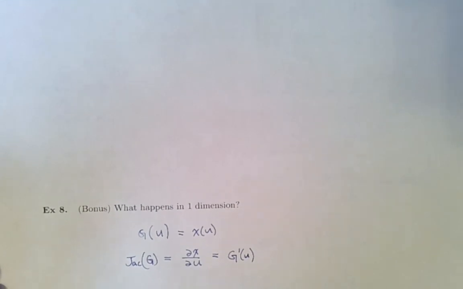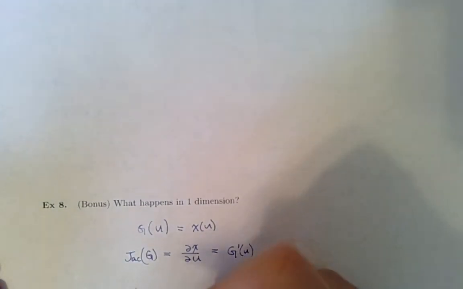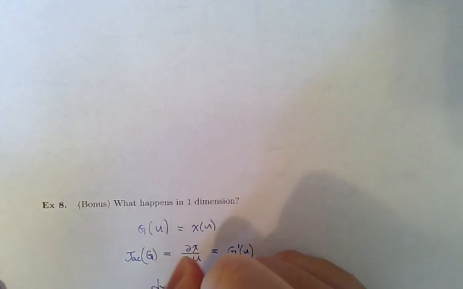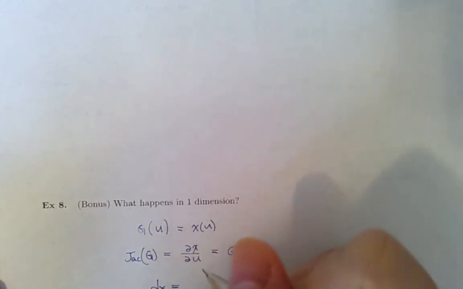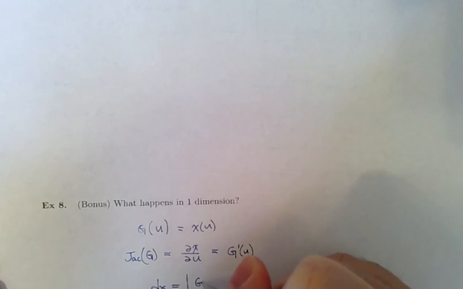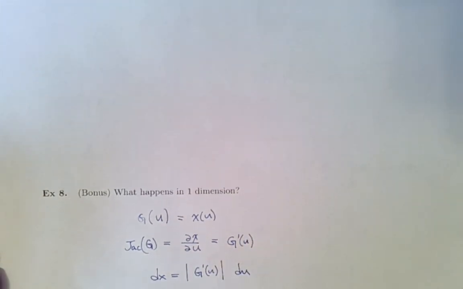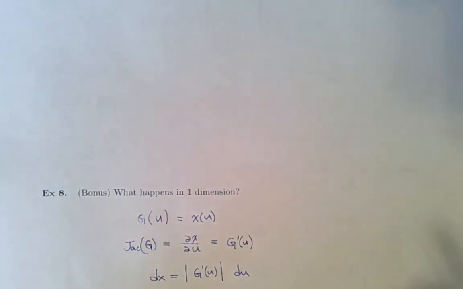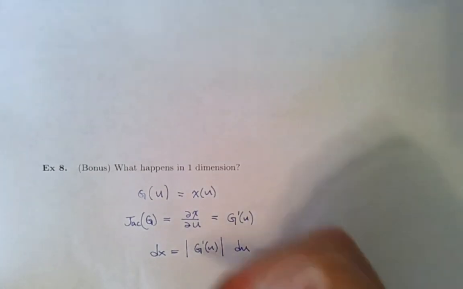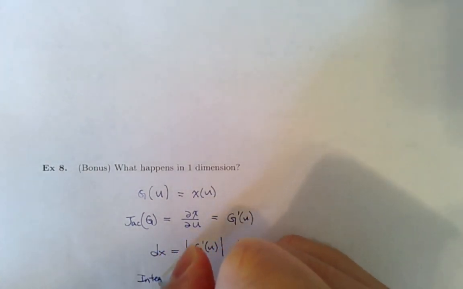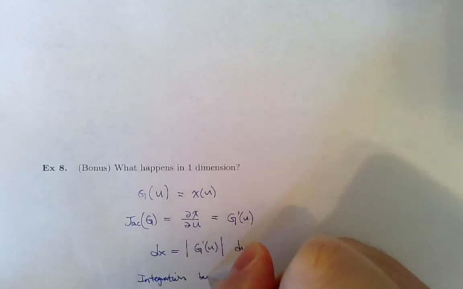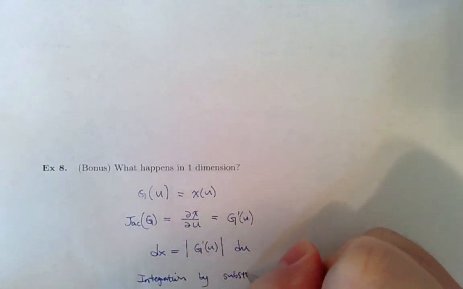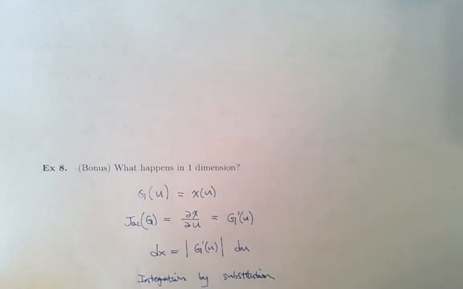And so then the theorem gives us that dx is equal to the absolute value of G prime of u du. Now, if you do things correctly and you can drop the absolute value bars, this is essentially what we have learned as integration by substitution that you learned in Calc 1 or Calc 2.